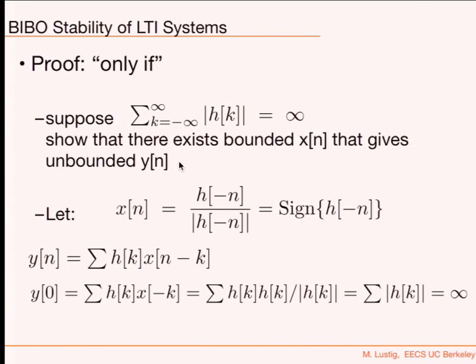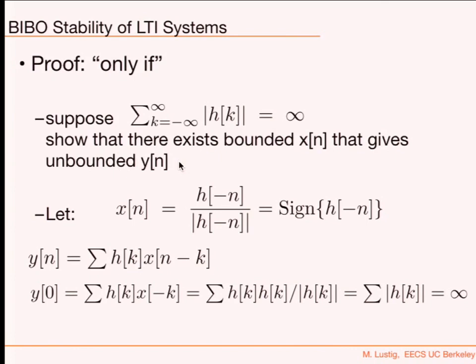So if, for example, I have a sinc function as the impulse response, I'm going to have the input x of n be the signum of the sinc. So at some point when I convolve them, they're going to exactly align. Now the output is just going to be the sum of the absolute value of that sinc. What is the sum of the absolute value of a sinc?